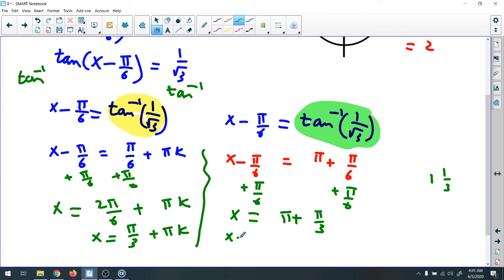So the second solution will be 4/3 pi plus, don't forget to mention, pi k or pi n. So this is one of the solutions, and this is the second solution.